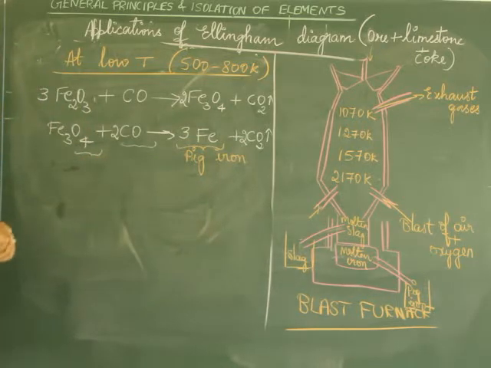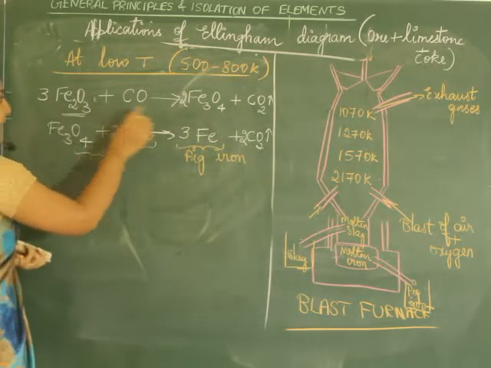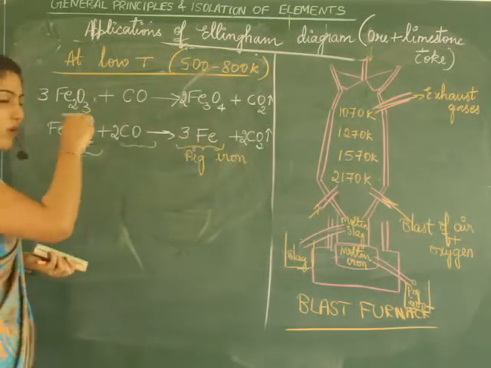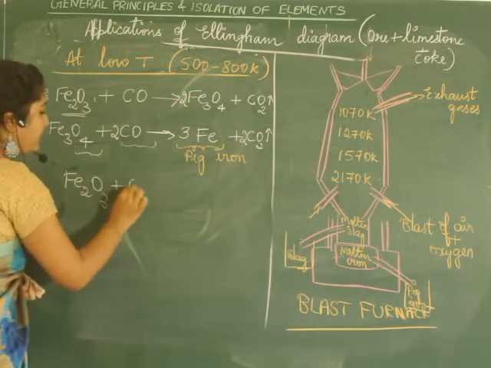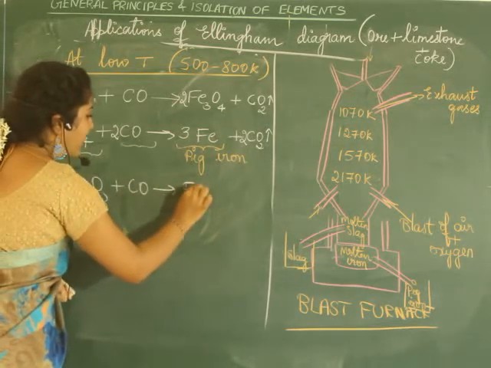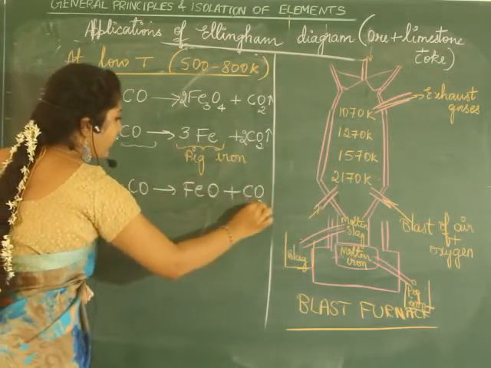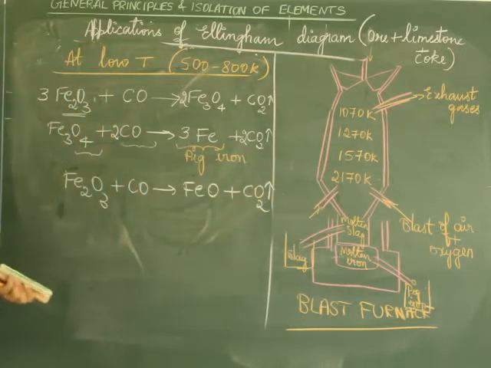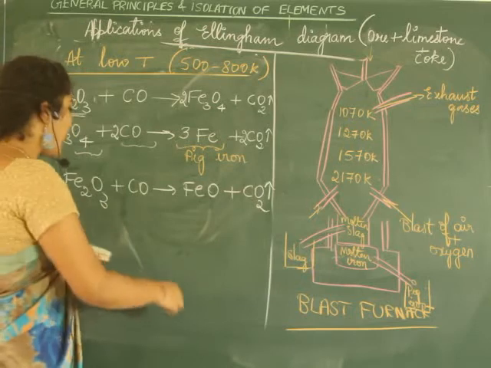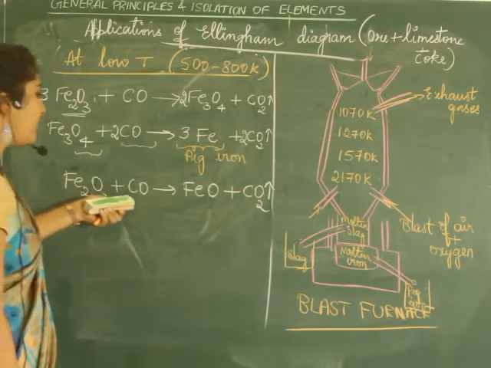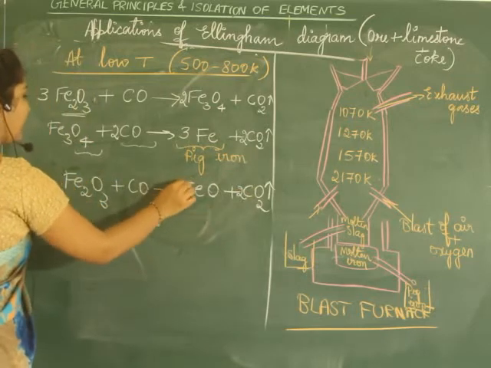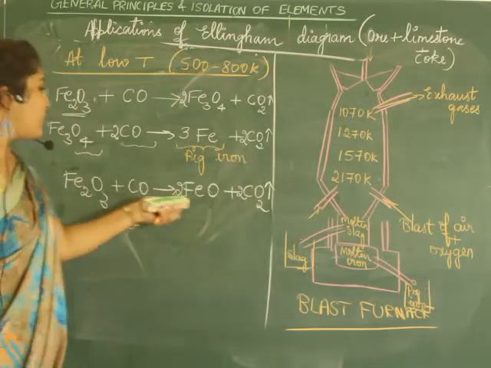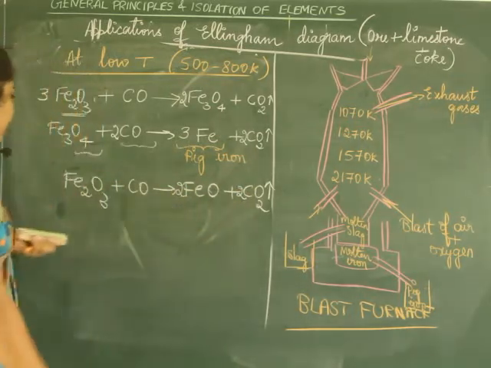And one more possibility is that Fe2O3, rather than converting into Fe3O4, can also convert into iron oxide FeO. This is also a possibility. So again try balancing it. Here it is 3 plus 1, 4, here 2. So 2 plus 4, 6.